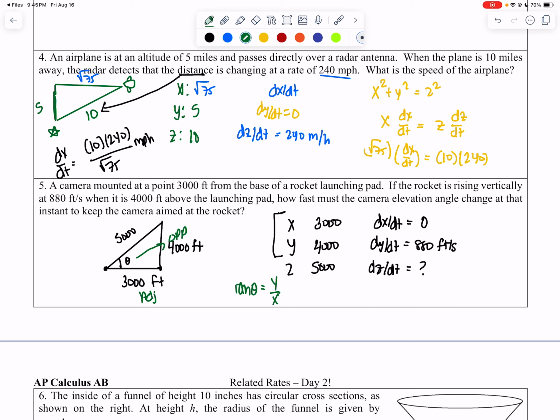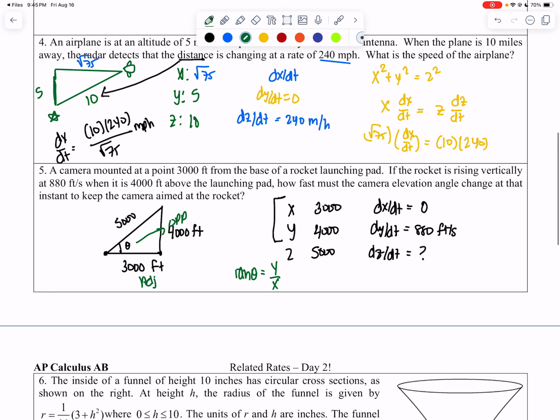I'm going to go ahead and take the derivative with respect to time. So that's secant squared theta d theta dt is equal to low d high minus high d low all over low squared.